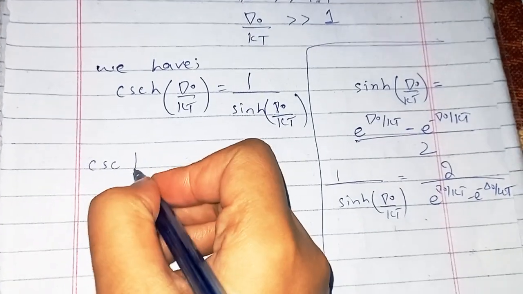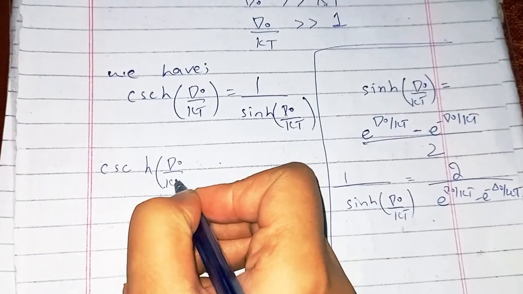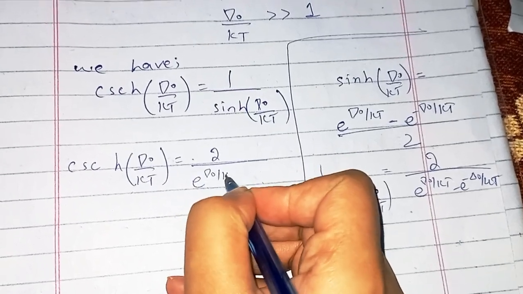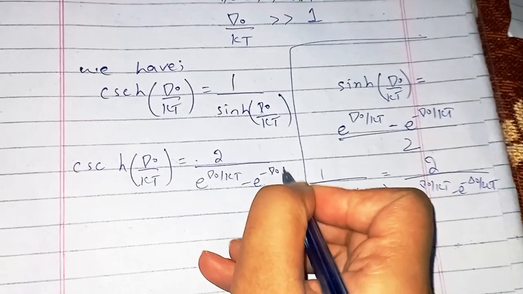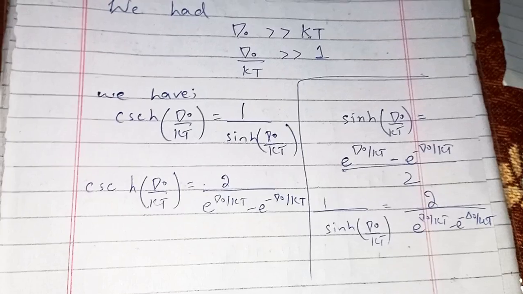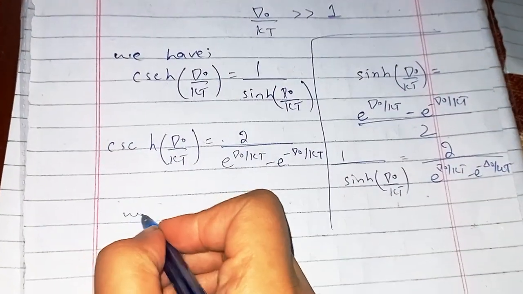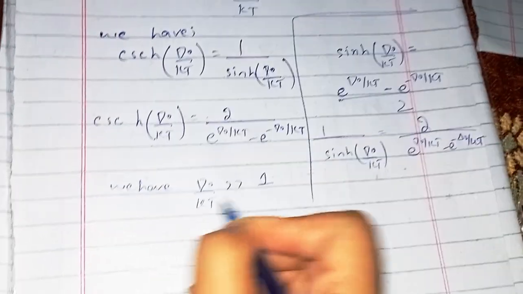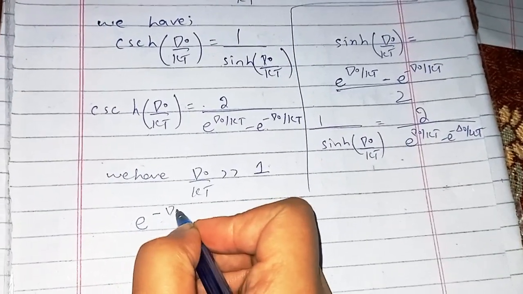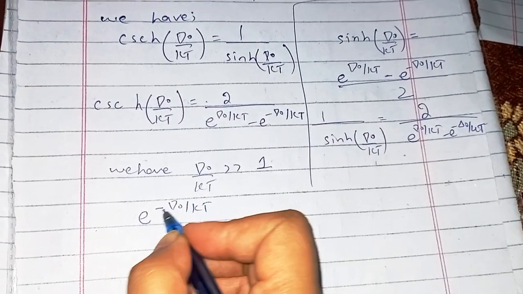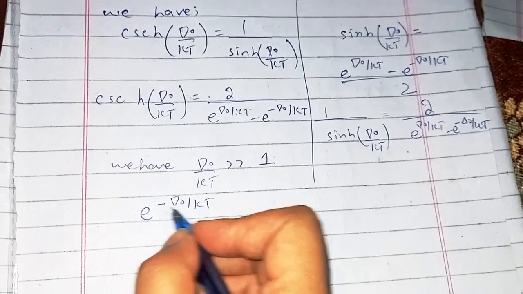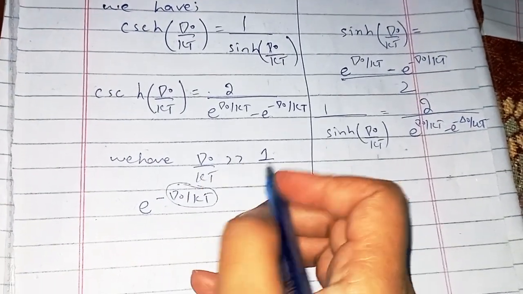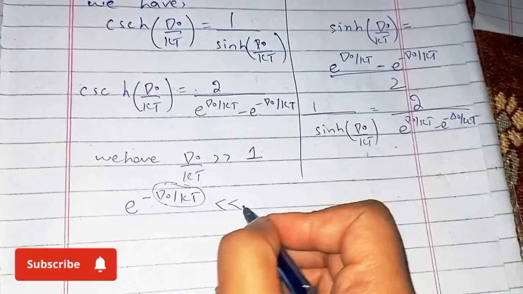So cosecant hyperbolic delta naught by kt is equal to 2 divided by e to the power delta naught by kt minus e to the power minus delta naught by kt. Now, since we have delta naught by kt very much greater than 1, e to the power minus delta naught by kt, that is e to the power of a negative large number, is very much less than 1.